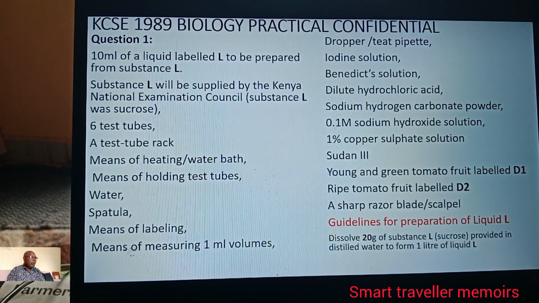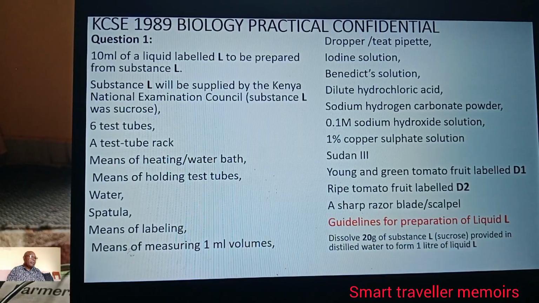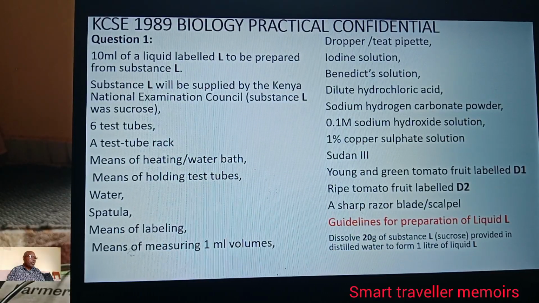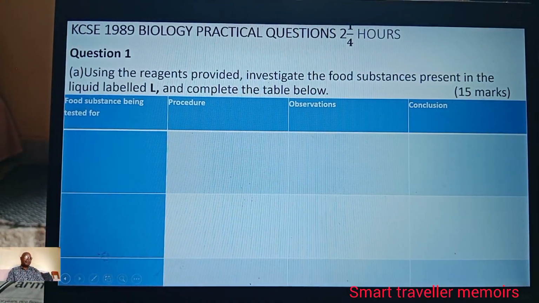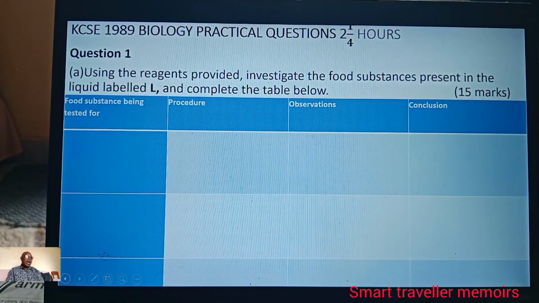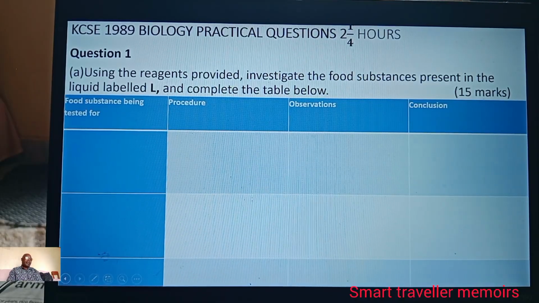And the guidelines for preparation of liquid L, that material which came from the examination council, was you dissolve 20 grams of substance L, which is sucrose, provided in distilled water to form 1 liter of liquid L. Questions now.